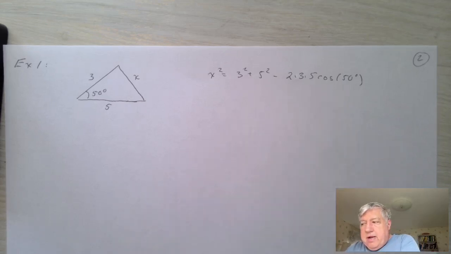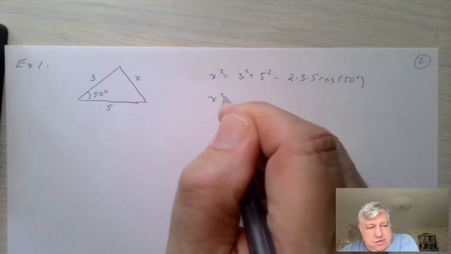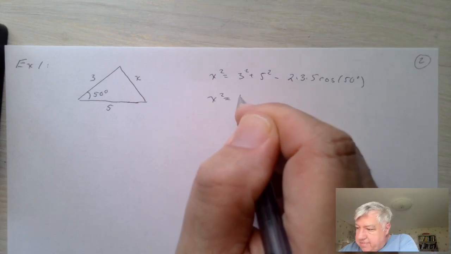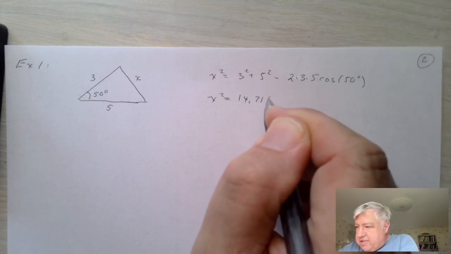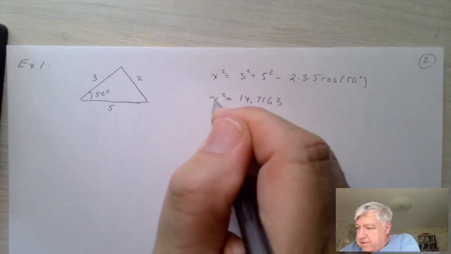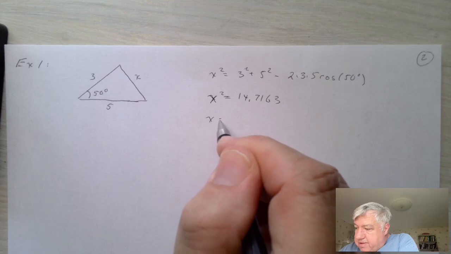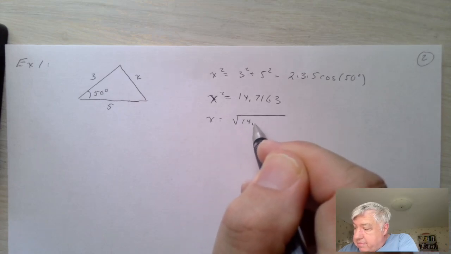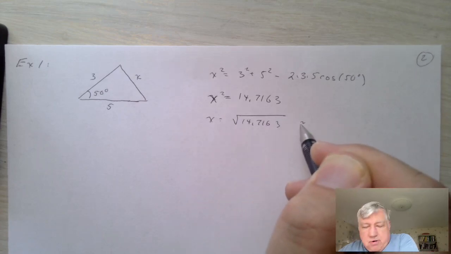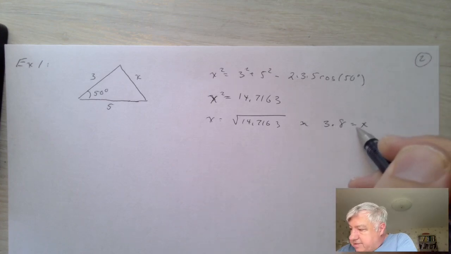Make sure your calculator's in degrees mode, and you get x squared is 14.7163. In these intermediate calculations, it's a good idea to take as many digits as you can, just to be more accurate. Then x is just the square root of this number, which is approximately 3.8.